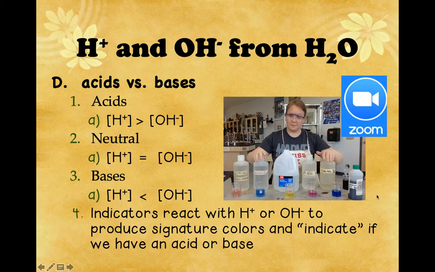The reason we got different colors is this indicator was reacting with the H's or the OH's in the solution to produce a color, and then it tells me acid or base. So in this example, blues were bases, the reddish oranges were acids, and the yellow was neutral. Different colors because the chemical of the indicator is reacting with different chemicals to change color, and that tells us if it's an acid or a base.